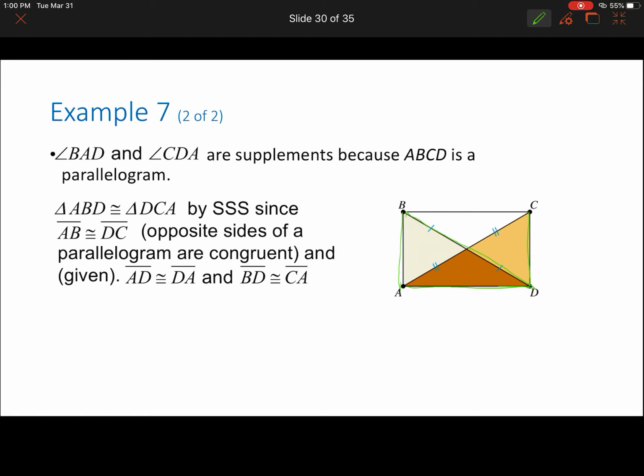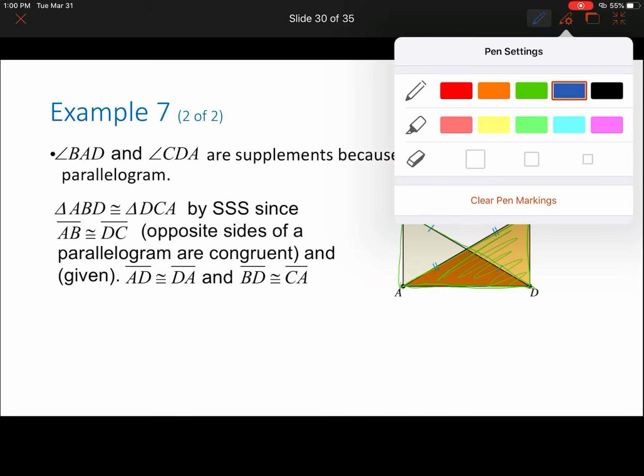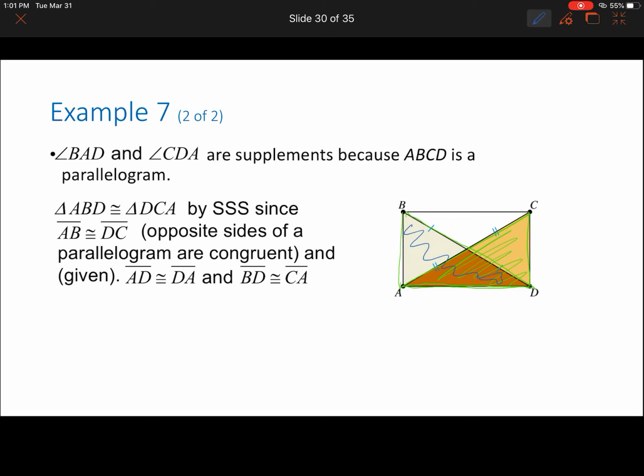Now, I've got a lot of stuff written there, so let me, again, walk you through what the slide shows here. So if we can take BAD, you can see BAD, it's this triangle, and triangle CDA, so our book does it the opposite way of what I did it. So that's this triangle and this triangle.